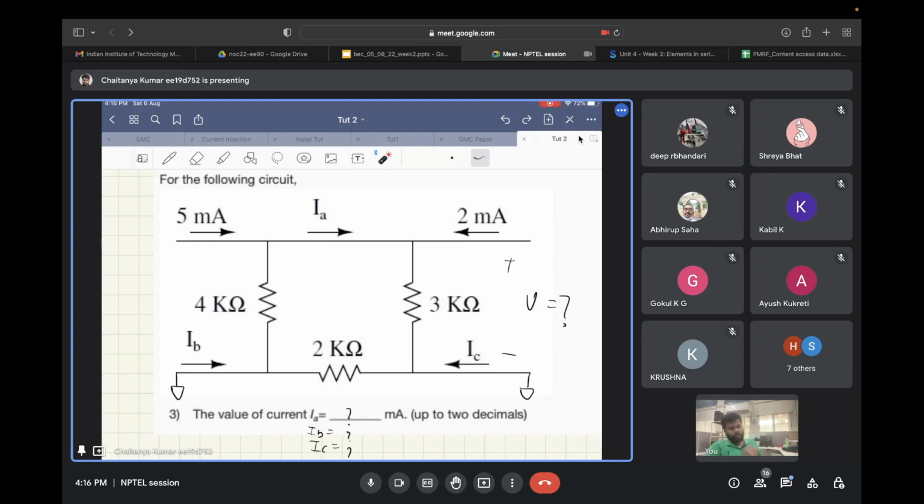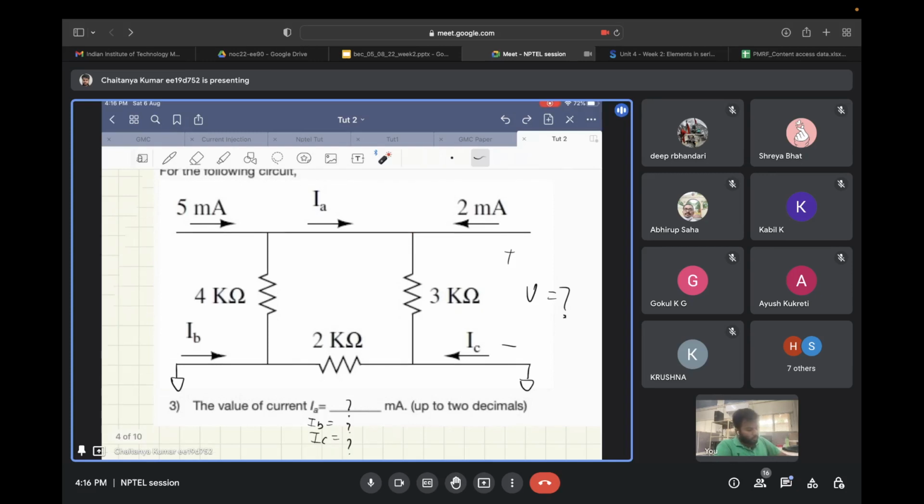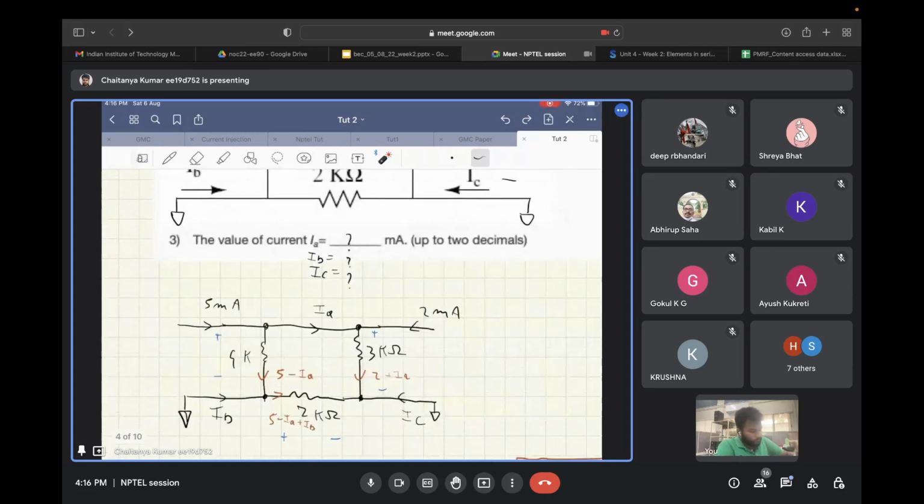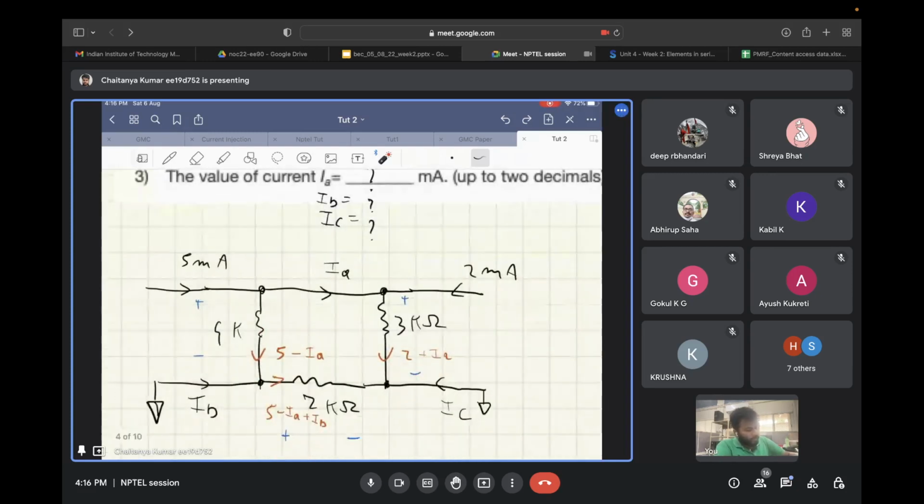Okay, so let's proceed with the solution. You might have read KCL and KVL by now. So that's what you are going to apply in this question. We have current IB and IC flowing like this.